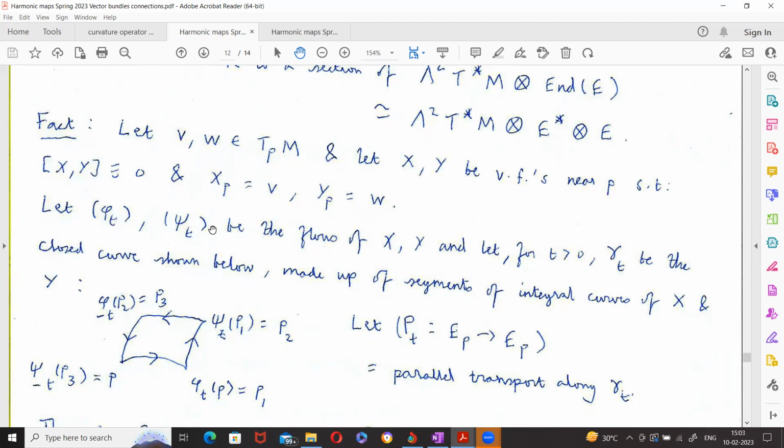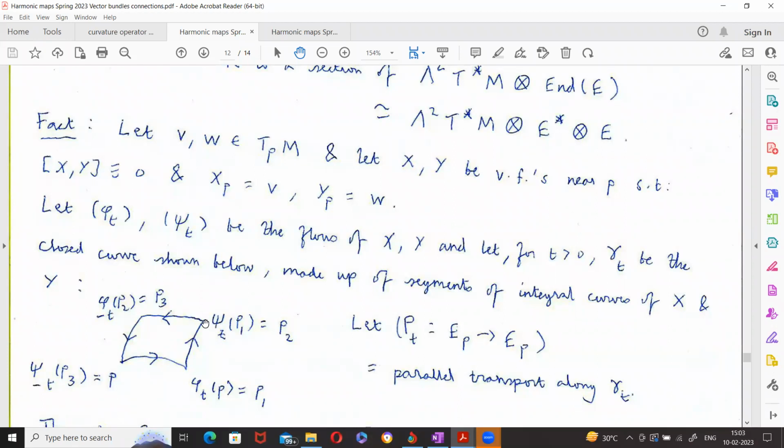Now let phi T and psi T be the flows of X and Y. Then for T positive, I can form a quadrilateral gamma T. So it's a closed curve made up of segments of integral curves of X and Y. So I start with P. I flow along the flow of X for time T to get a point P1. Then I flow for time T along the flow of Y to get a point P2.